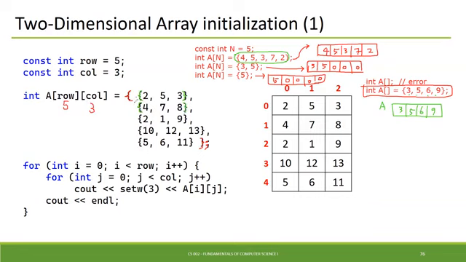So you can see that there are 5 one-dimensional arrays here, right?